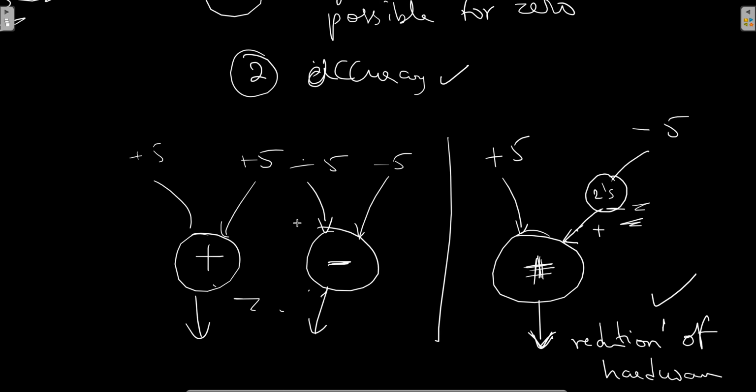Rather than designing one adder and one subtractor separately, I am taking only a single adder and converting the negative value to positive by using 2's complement. So by using a single adder, addition and subtraction is possible. That is the advantage for signed binary number representation.